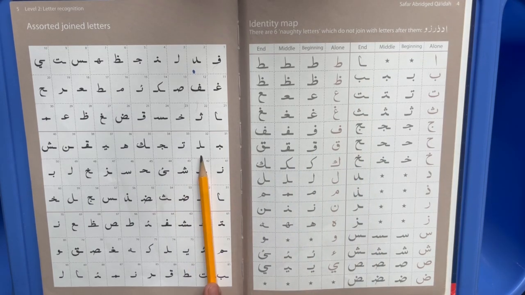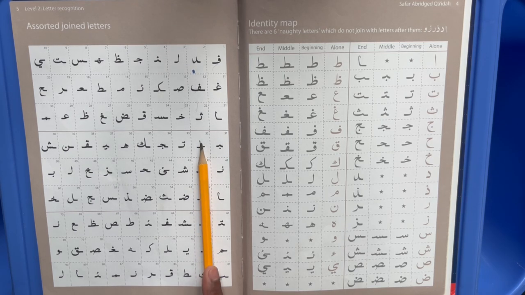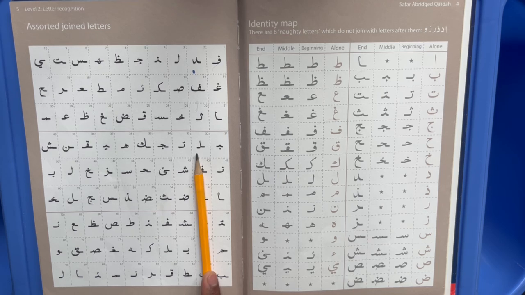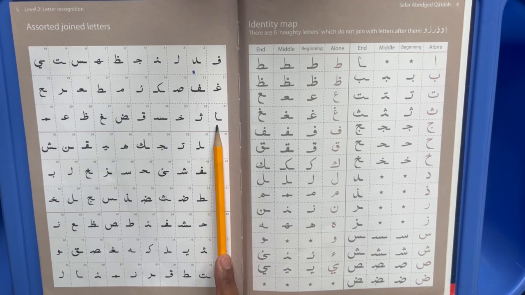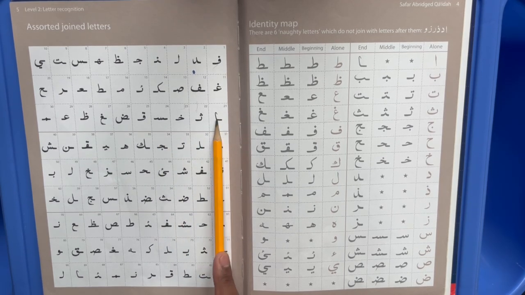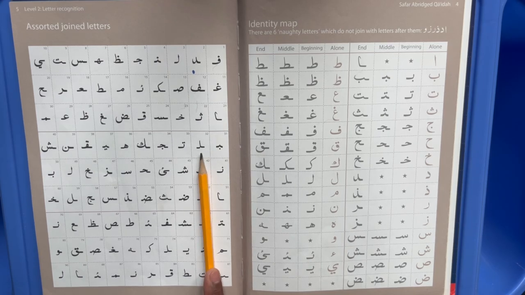So whenever there is a line which has other things joining on to it, it will always be a lam. Alif, as we can see from this example at the top, has something joined before it, but alif will never have anything joined onto it afterwards. So this one is alif at the end, and this is lam in the middle.